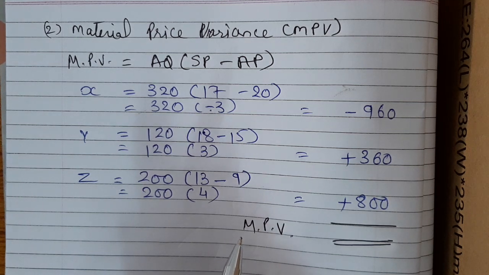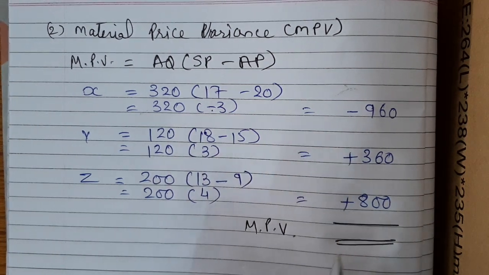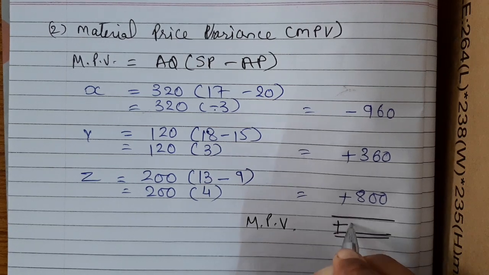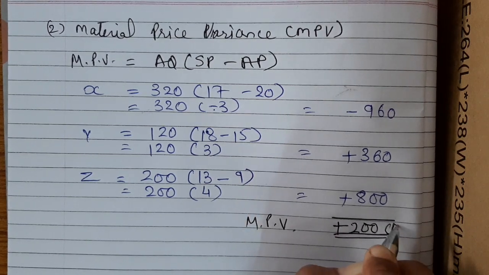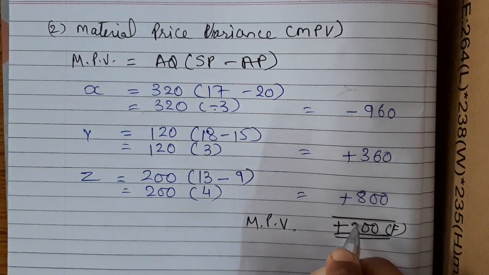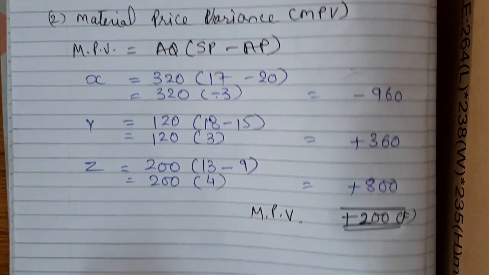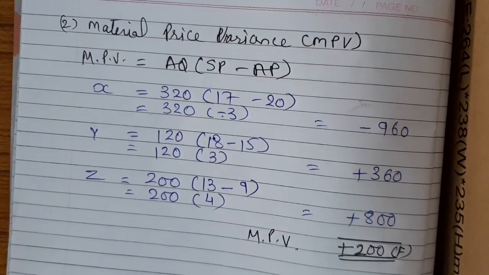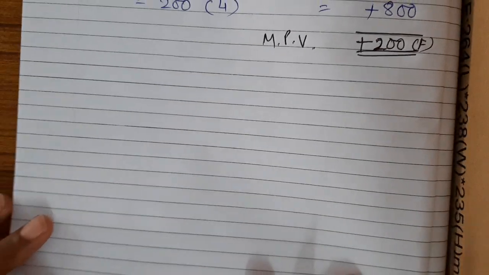So the answer of material price variance will be positive 200 favorable. So this is the calculation of material price variance.